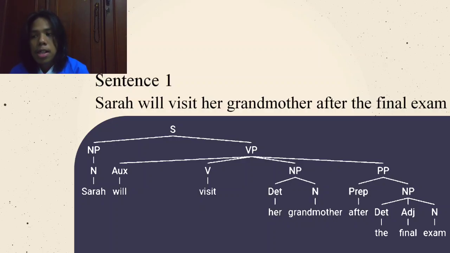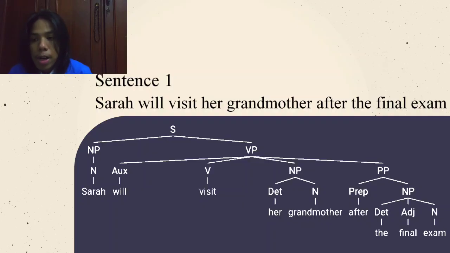Because the noun phrase is just a single noun, we can identify Sarah as a noun phrase, because Sarah is a proper noun. Next, for the verb phrase, we look at the auxiliary verb "will" and the verb "visit." After that, we have a noun phrase, "her grandmother," and a prepositional phrase, "after the final exam."